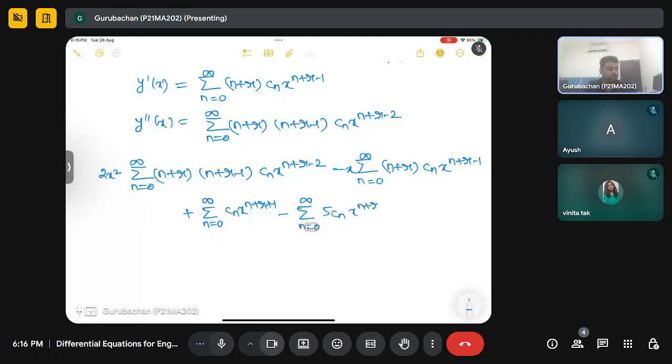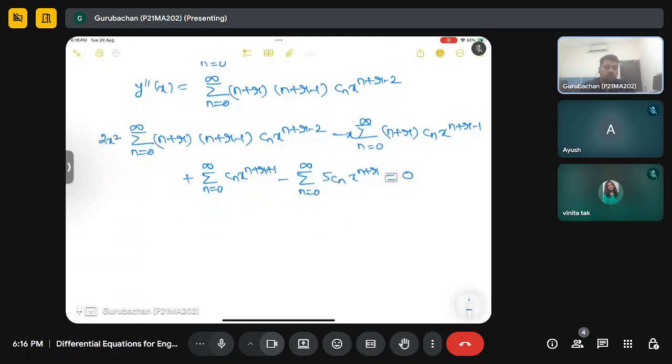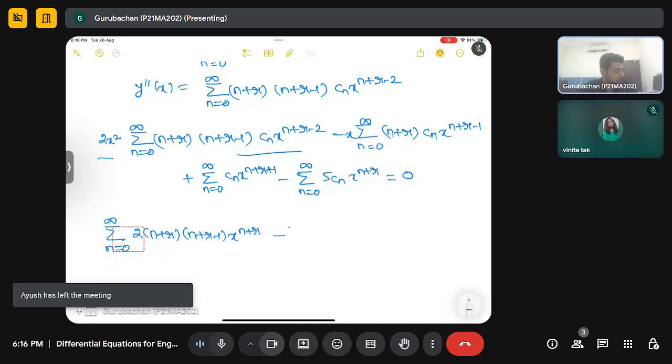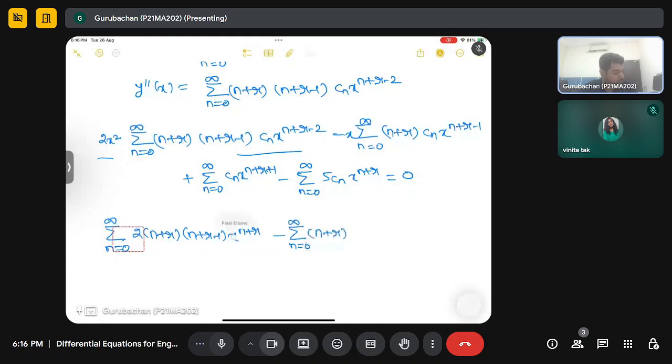to 0. So first of all, we have to multiply these and make the powers equal. Here the power is n plus r minus 2, so if we multiply with x square, we get (n plus r)(n plus r minus 1) x to the power n plus r. Next, the summation n from 0 to infinity (n plus r) c_n x to the power n plus r.